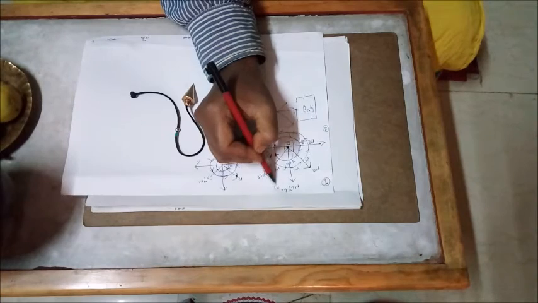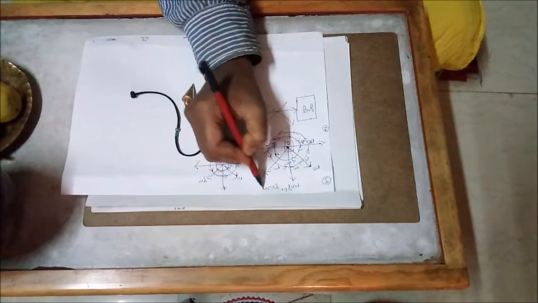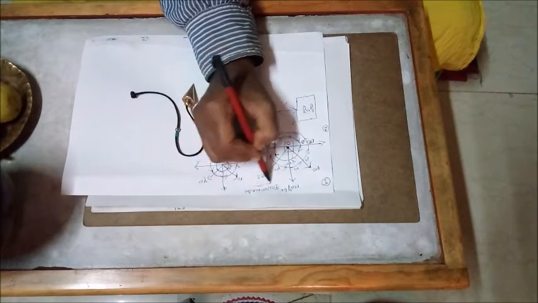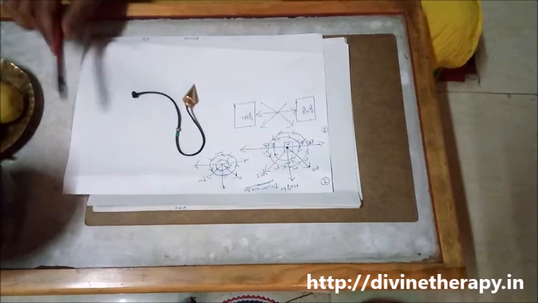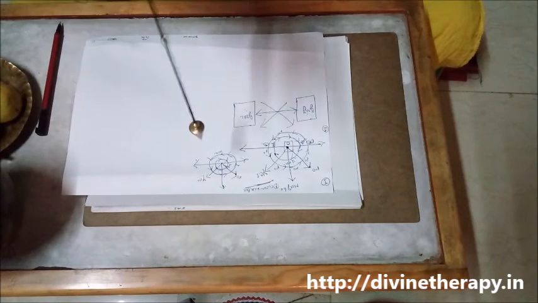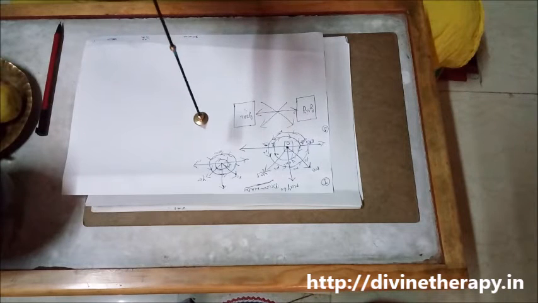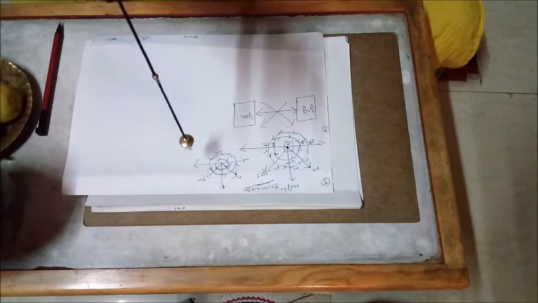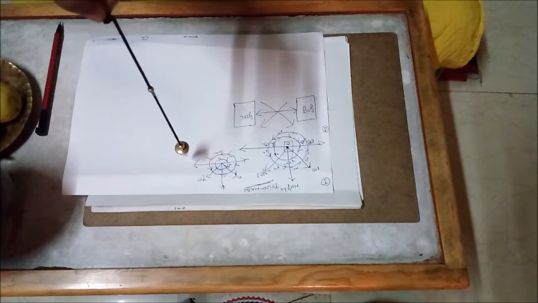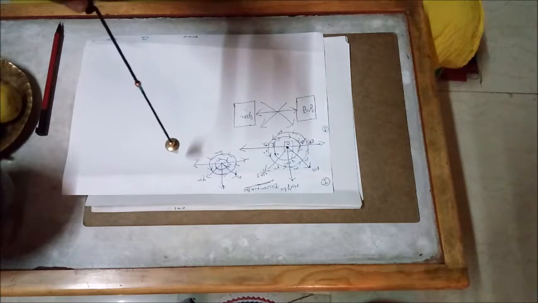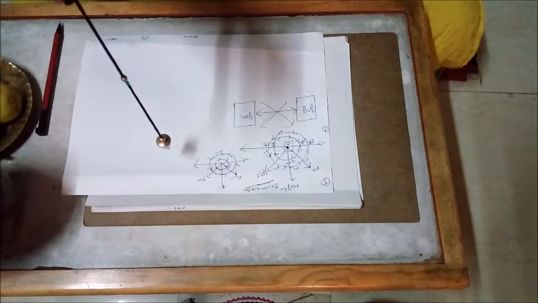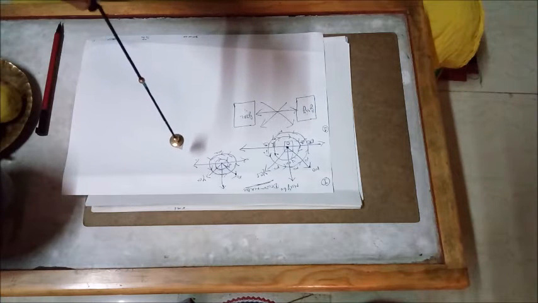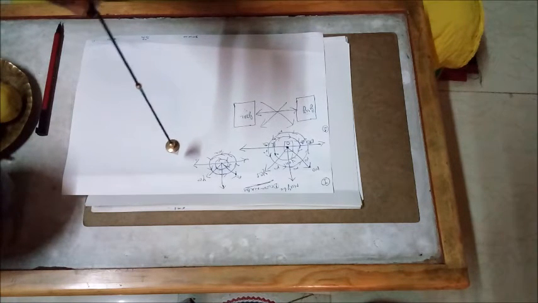This is a decision making chart. Many of them claim that the pendulum is not suitable for decision making. I am against them, because this is very much suitable for decision making, only if you are doing regular practice, you are able to keep your mind stable, and you are doing deep meditation.